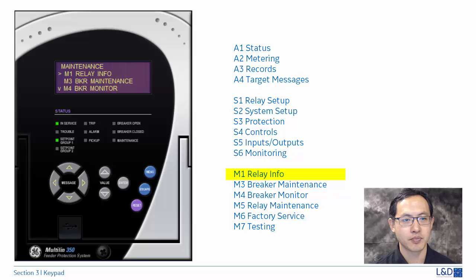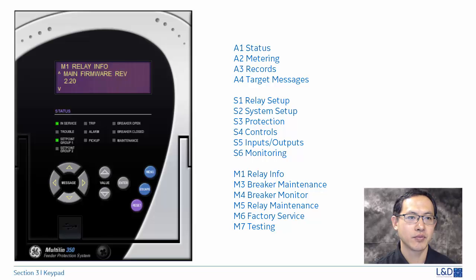So let's press the enter key and see the relay's name. It's called the feeder name, so you can give any name in your application. And then we can see this is the 350 feeder relay under the order code. And also we can see the main firmware revision is 2.20.